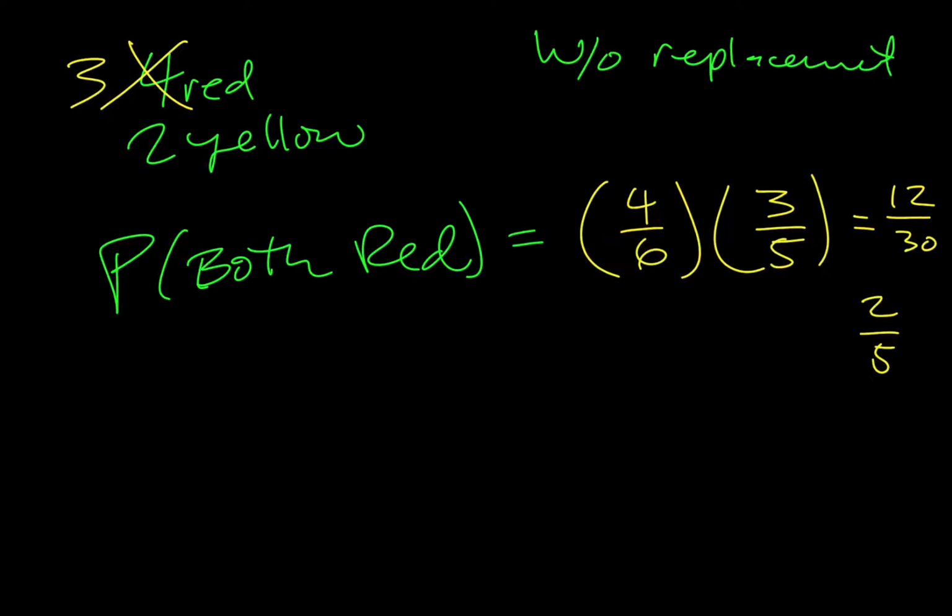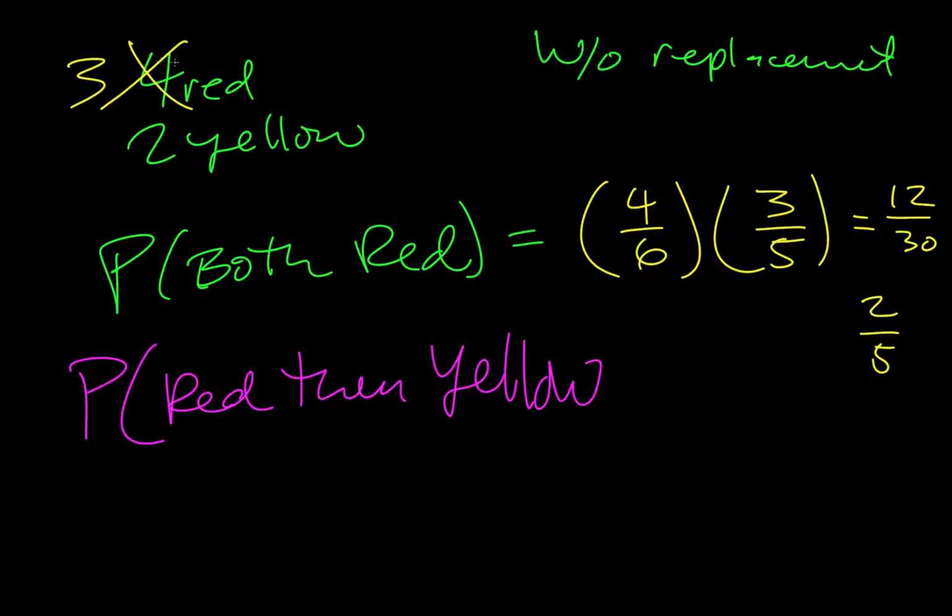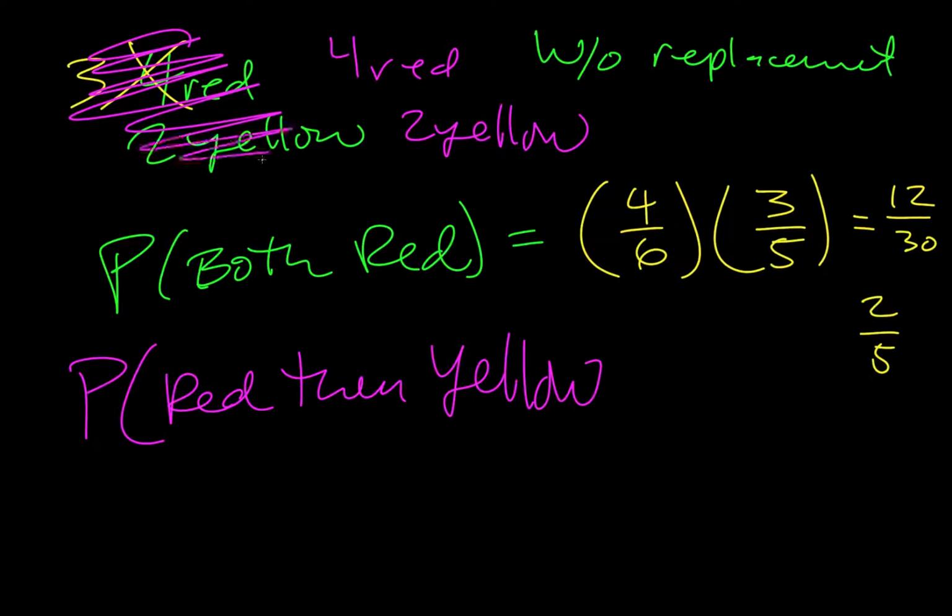The next thing we want to look at: the first is red, the second is yellow. So red, then yellow. We had 4 red, 2 yellow to start off with. Probability of red on the first one is 4 out of 6.